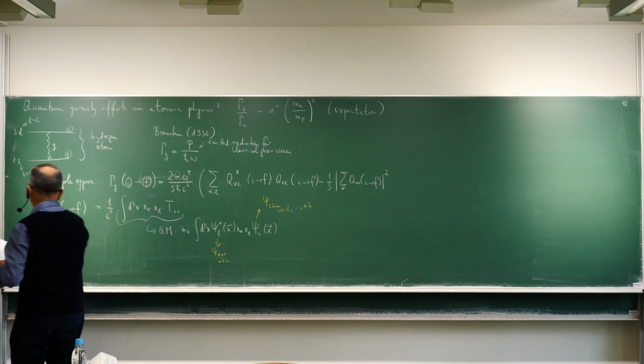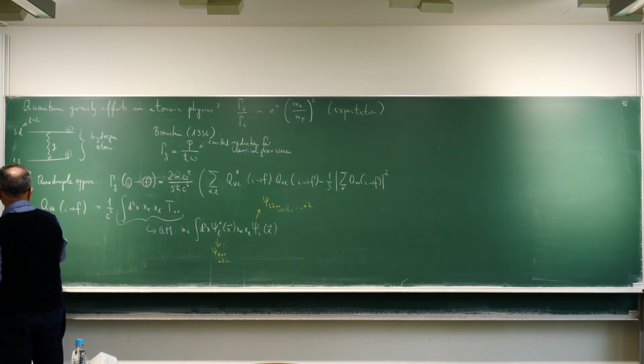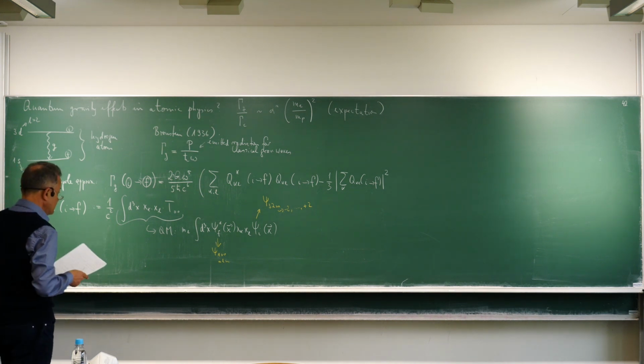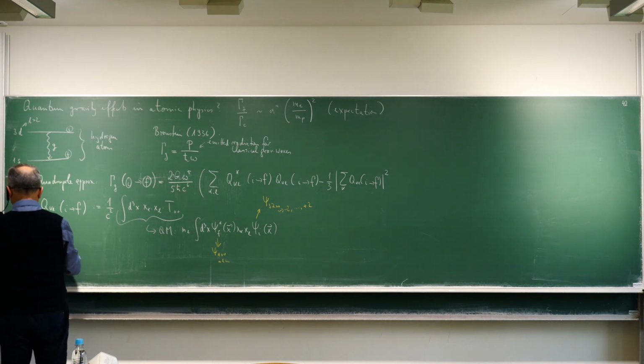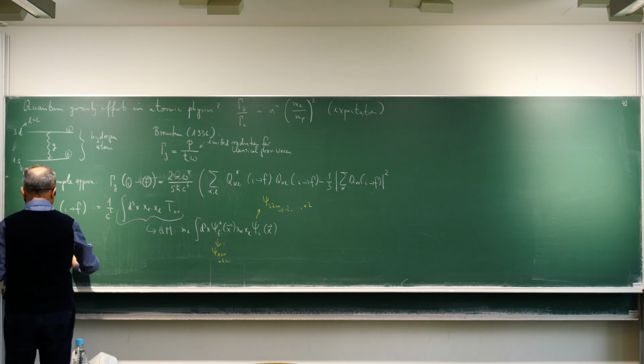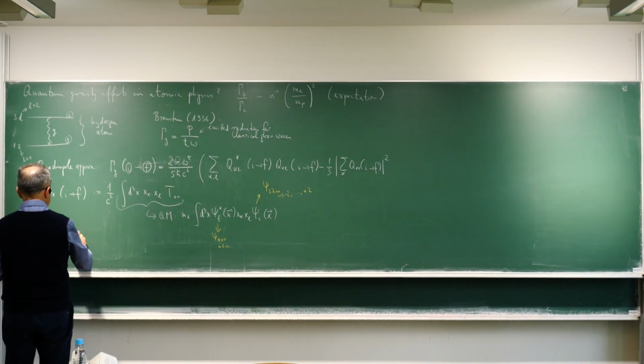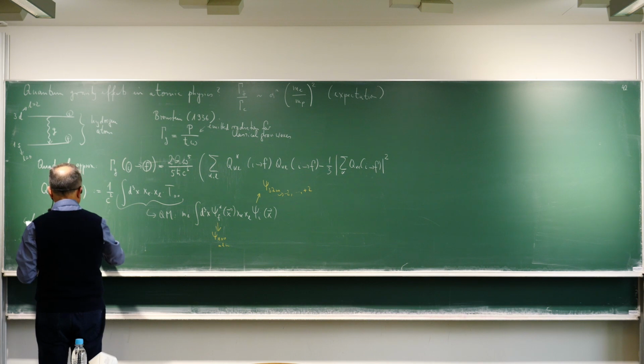You can try yourself to do that, and what you find is gamma_G is a_G m_e cube c times alpha to the 6 over 360 h bar squared.